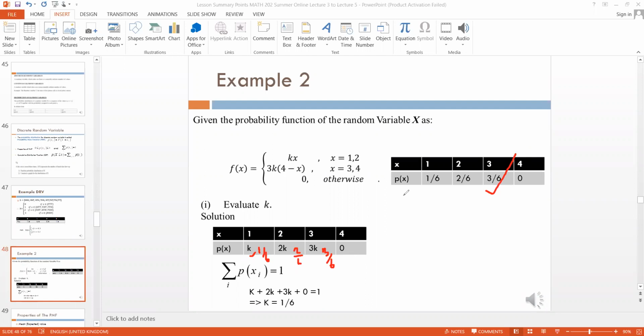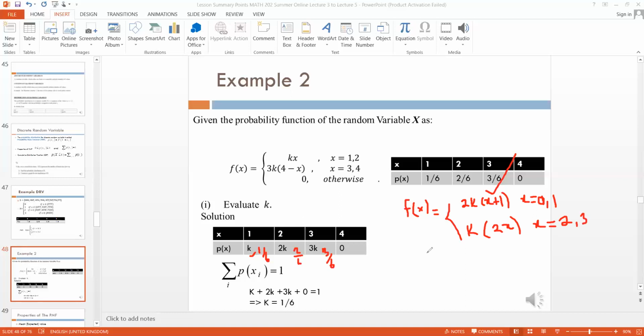So let's try an example. Let me make f of x equal to 2k(x plus 1) for x equals 0 and 1, and then we have k(2 times 2x) for x equals 2 and 3.